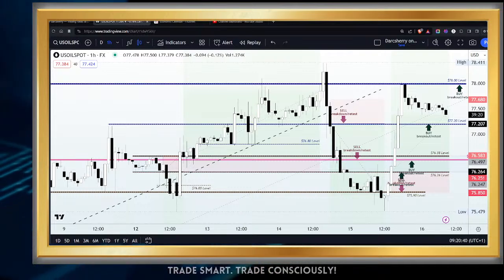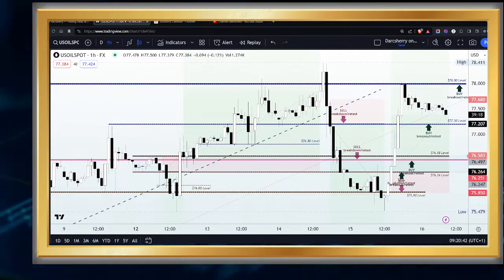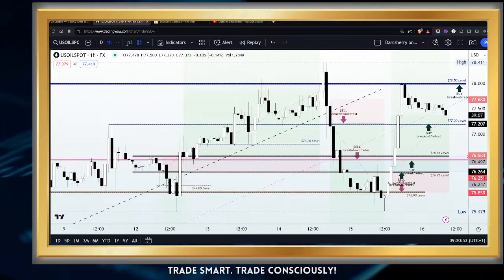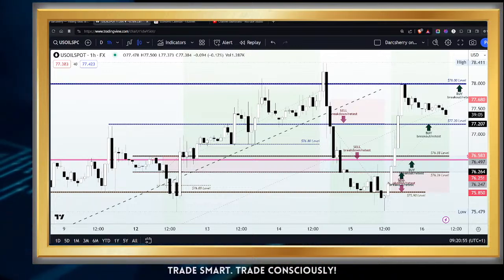I've identified very simple trading setups that we will be using to both manage our existing position and strategically position ourselves for the next move today.